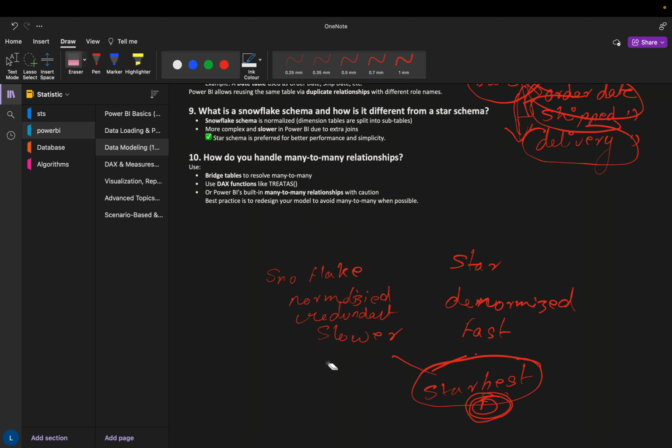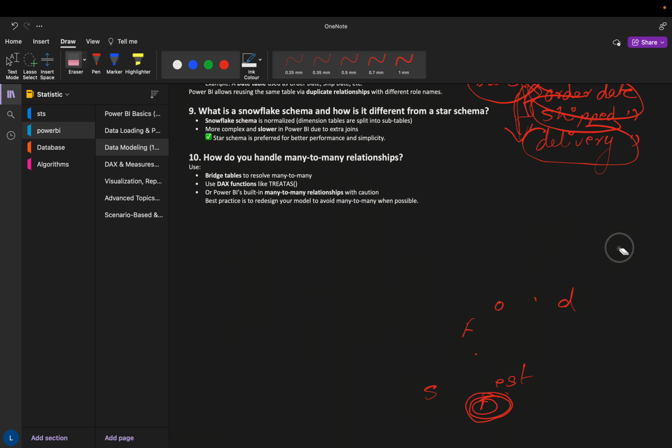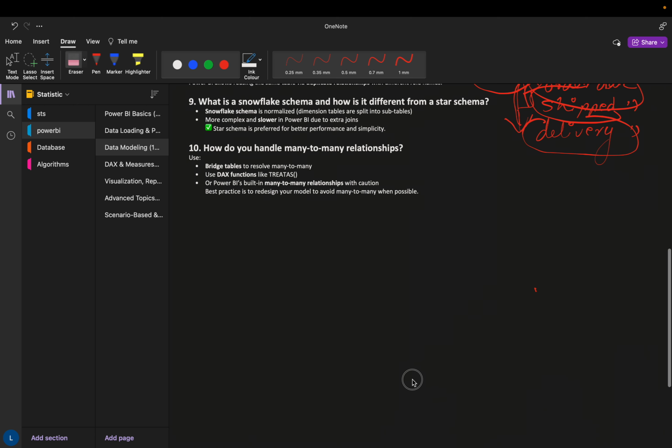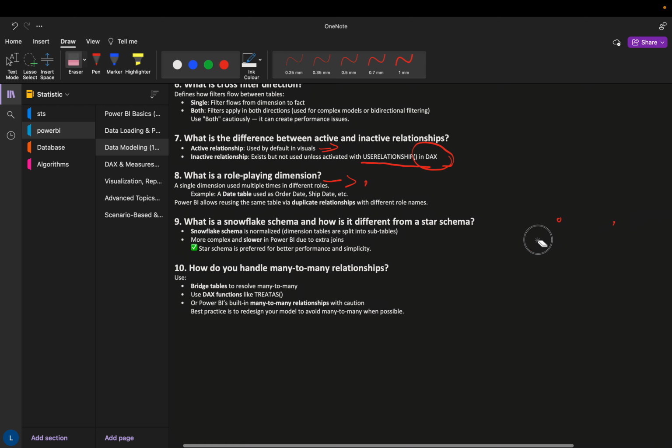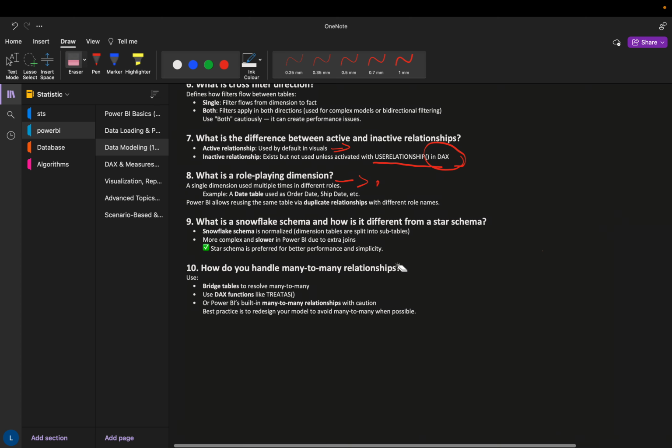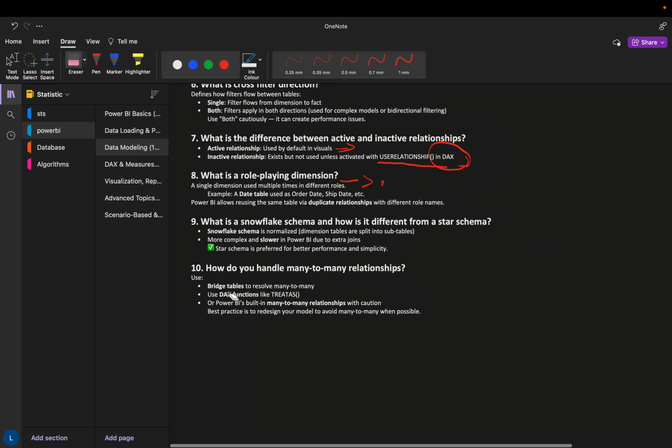Now moving to the last question for today: how do you handle a many-to-many relationship? When we have created a data model using a many-to-many relationship, we can handle it by using a bridge table.